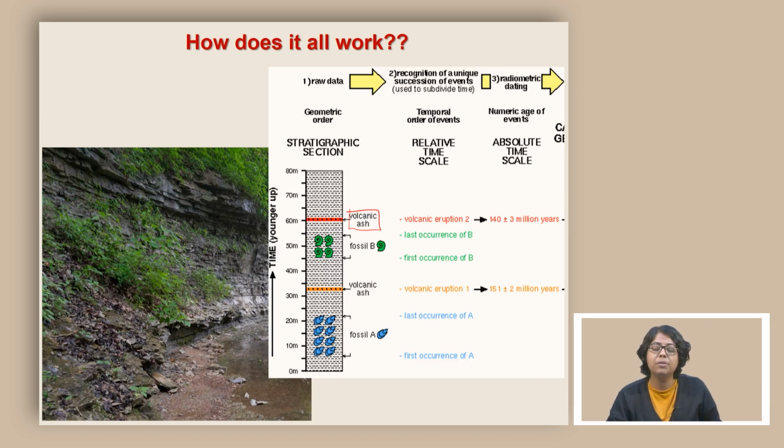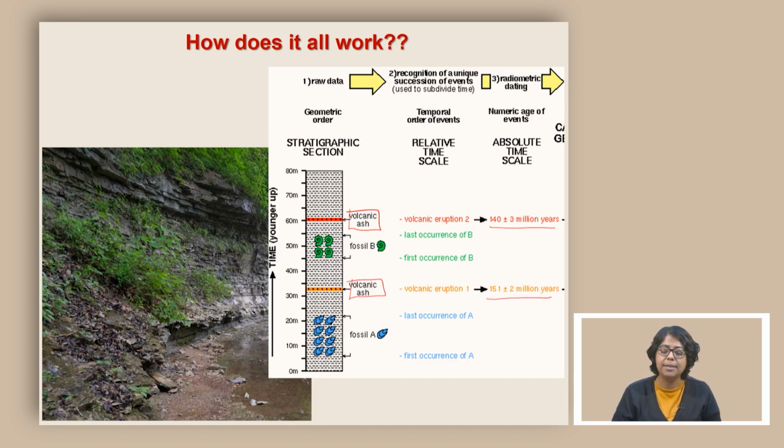Using that method, let us say we come up with the age of 140 plus minus 3 million years. And this volcanic ash bed gives us another age which is 151 plus minus 2 million years.